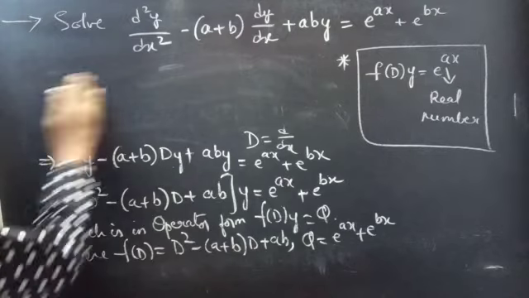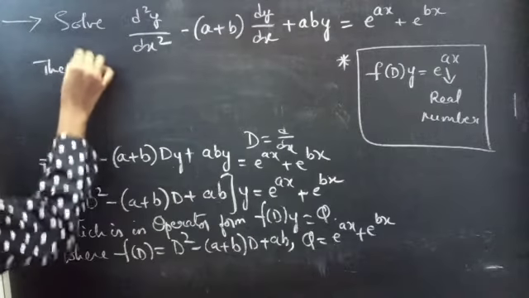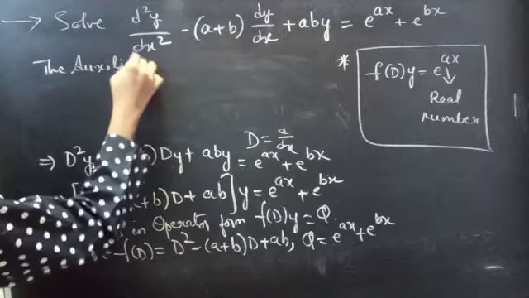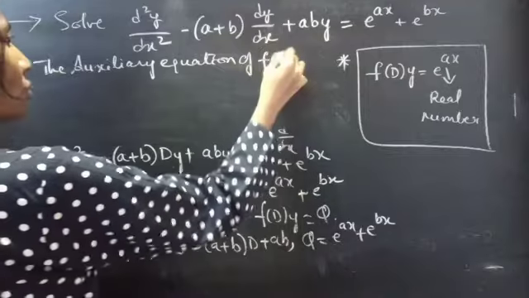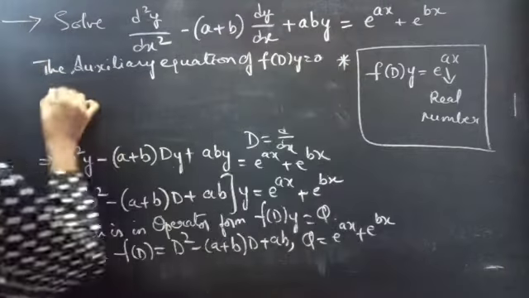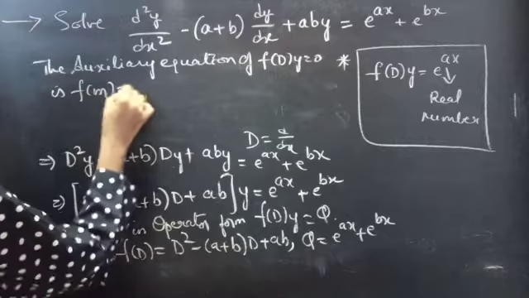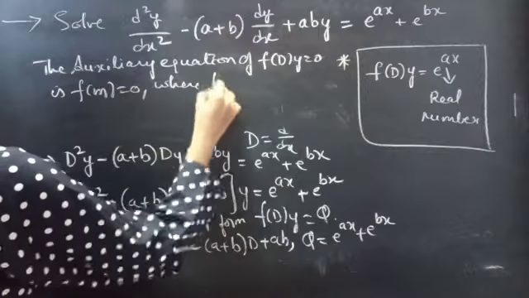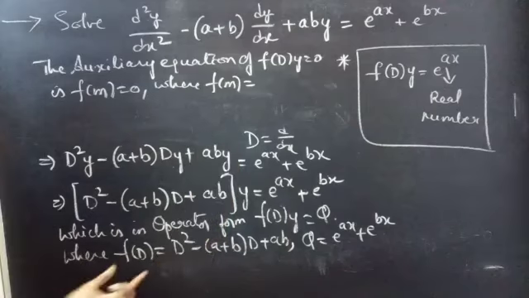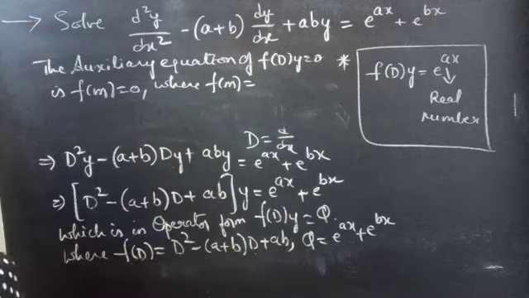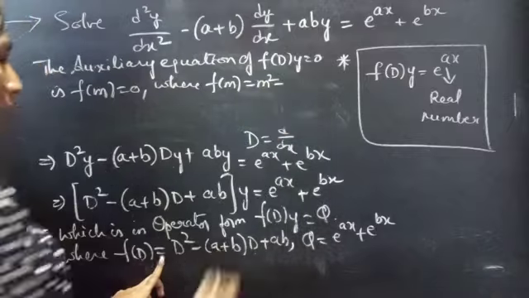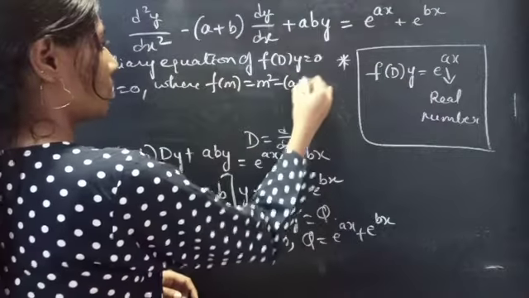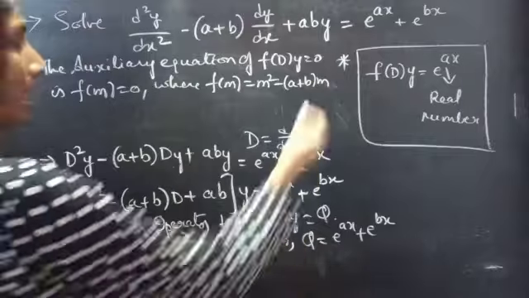Using the auxiliary equation, the auxiliary equation of f of D into y equals 0 is f of m equals 0, where f of m is obtained from f of D. So let's replace the differential operator D by m, so that f of m equals m square minus (a plus b) into m plus ab.